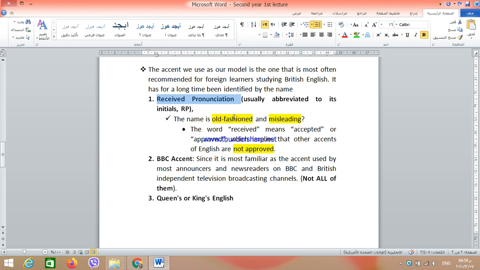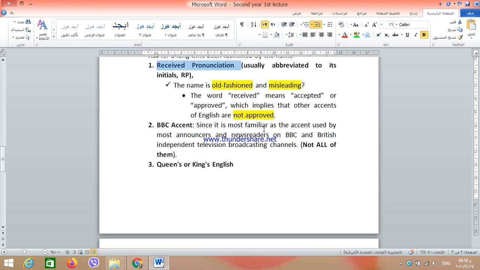Why? Because the meaning of received here is the accepted or the approved pronunciation. This may imply that other accents of English are not approved. That's why scholars avoid using the term received.